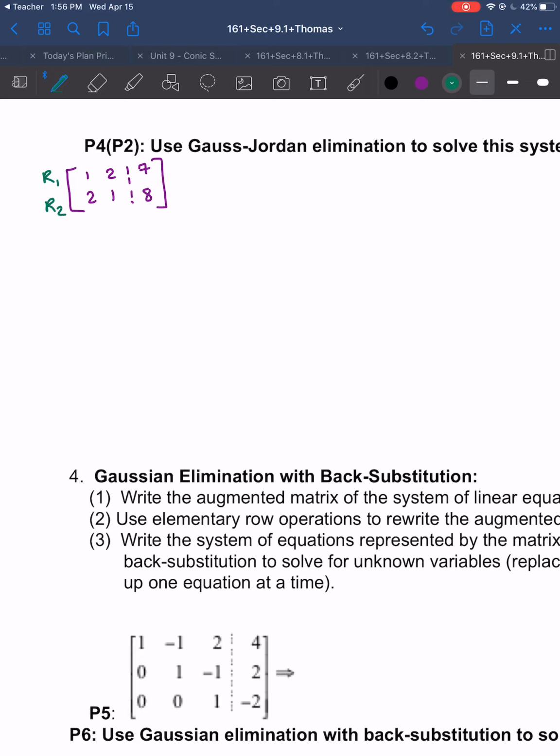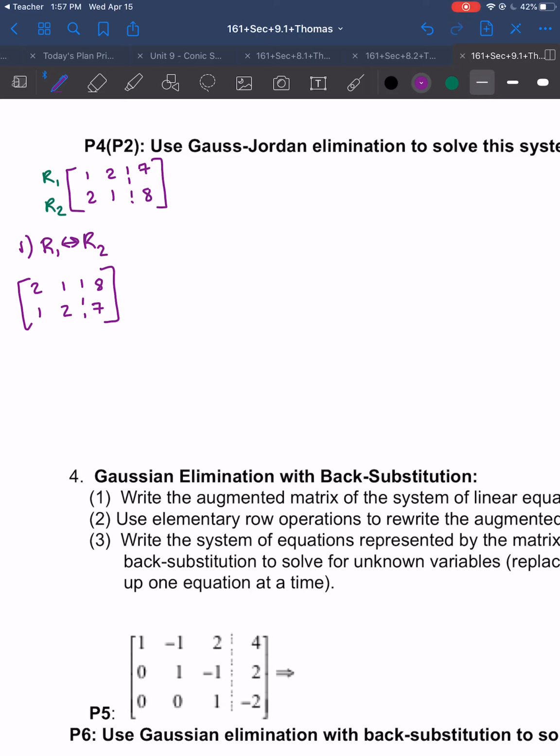And then I'll write my steps and explain as I write. So our first step would be to flip row 1 with row 2. So I'm going to put 2, 1, 8, and then 1, 2, 7. All I did was flip the order of row 1 and row 2.